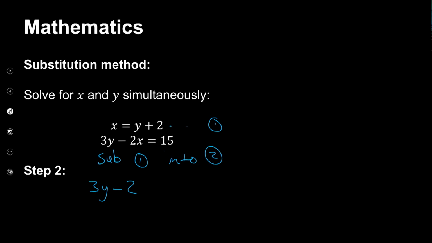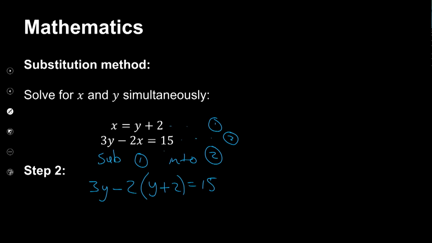What does this mean? It means that wherever you see x, you are going to replace it by y plus 2. So this will therefore be y plus 2, and this equals 15. Already you can see I only have y as the variable there, right?